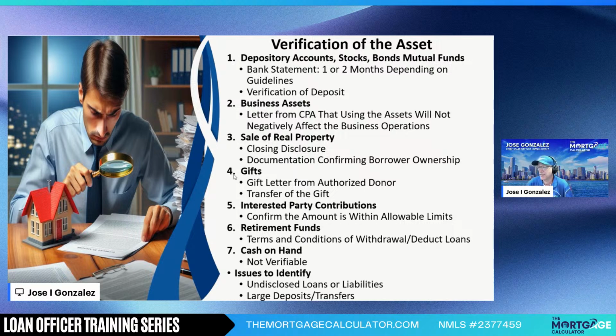So again, most important here, look at the guidelines to know what you need to verify, 1 month or 2 months, either with bank statements, or another method, a verification of deposit. This is less commonly used now, the VOD, right? Most of the time, the underwriters are going to want the bank statements.